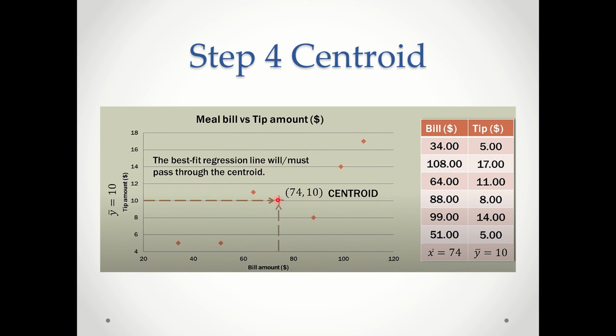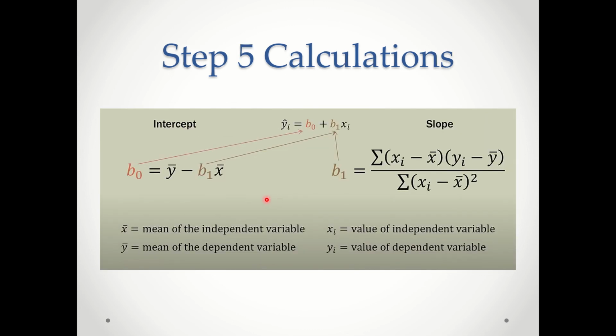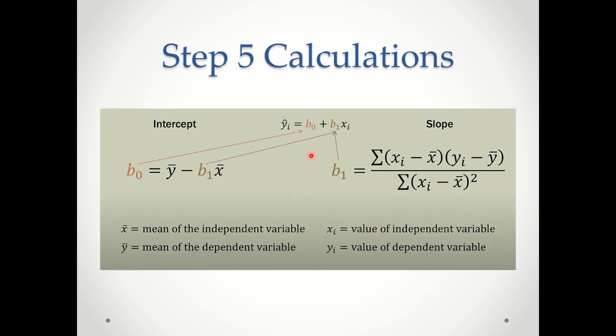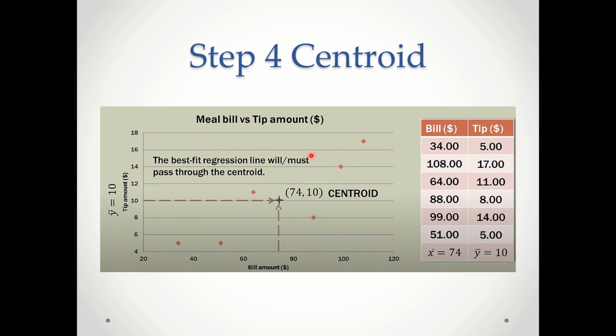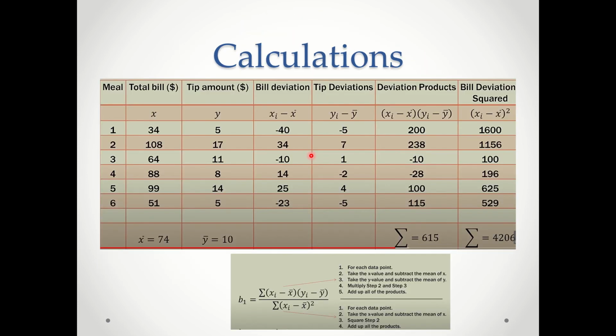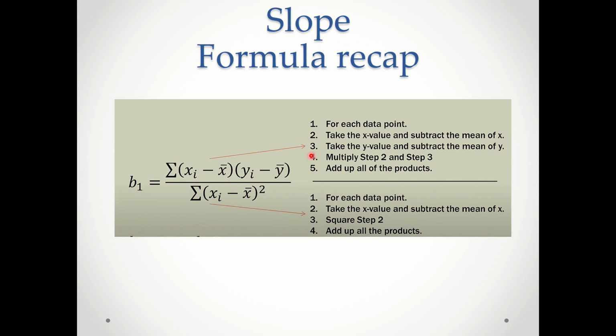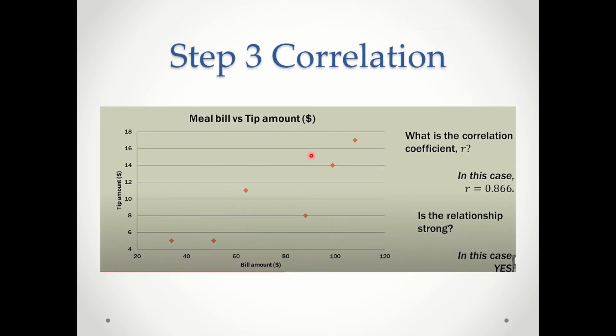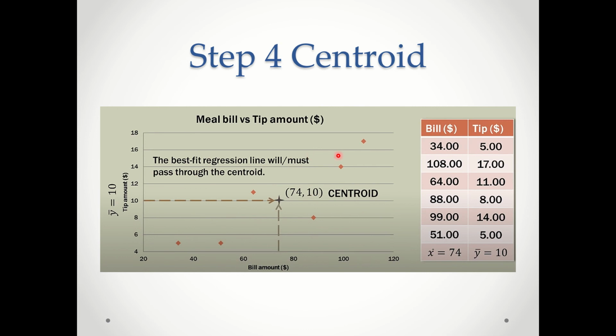So we will find the centroid value and see which line passes through the centroid with the least number of errors. That is how we will find which line is actually best.